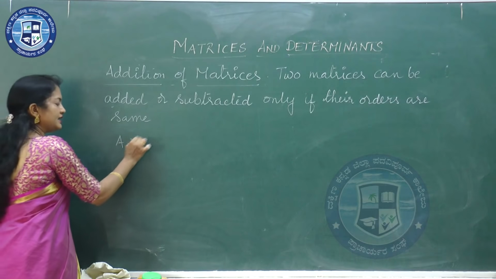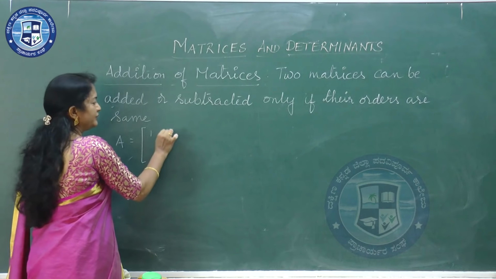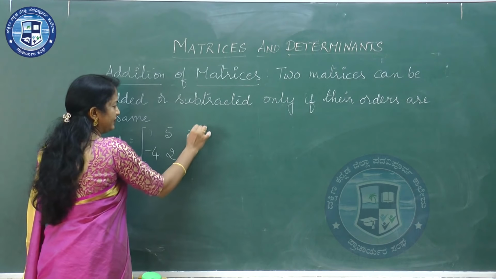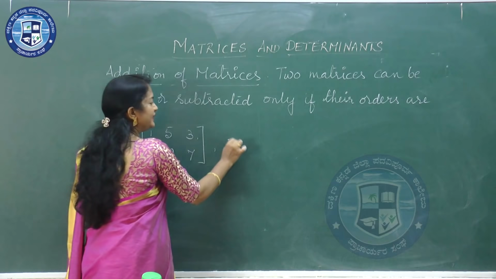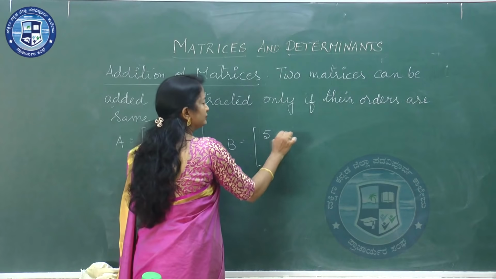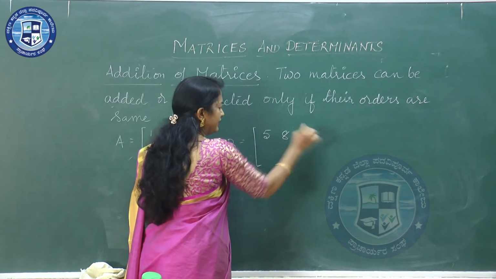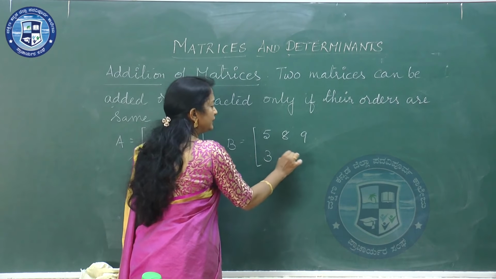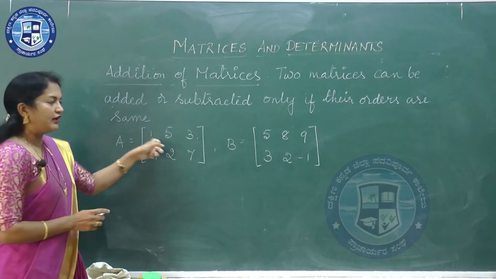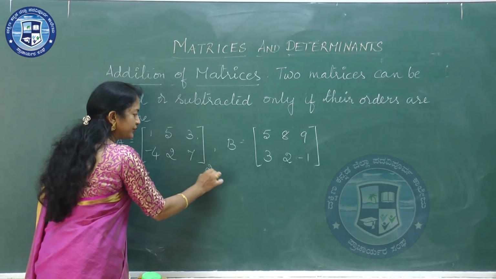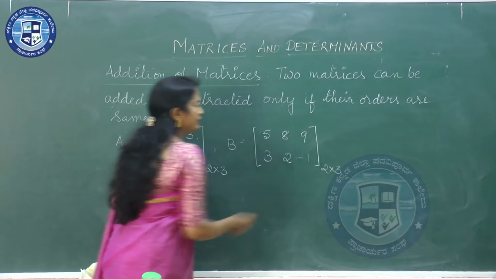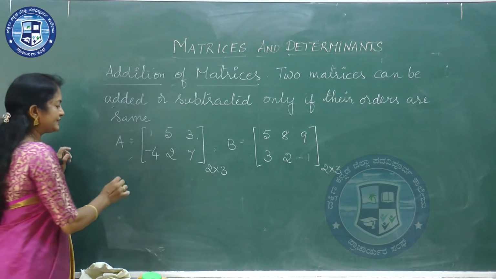Suppose A is equal to [1, 5, 3; minus 4, 2, 7] and B is equal to [5, 8, 9; 3, 2, minus 1]. The order of this matrix is 2 by 3, and this is also 2 by 3. Now we can add these two matrices.